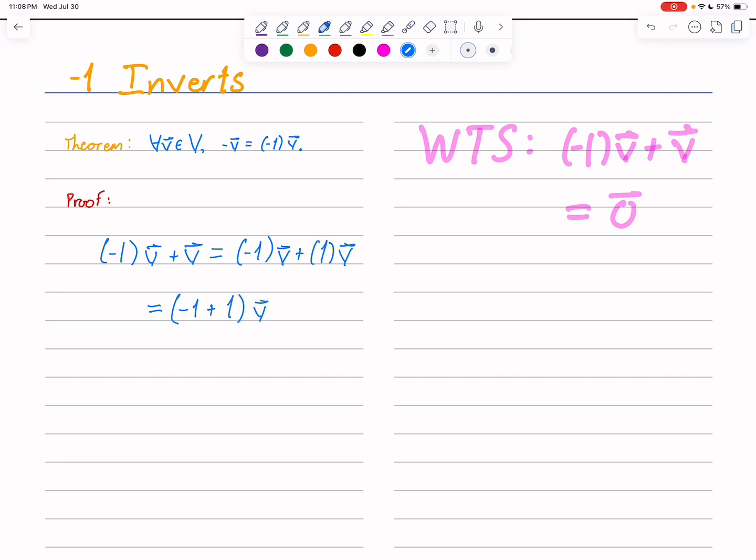This is using distribution in reverse, by the way, so although I'm calling it factorization, when you use distribution in this direction, that's just the same thing as factoring. But in any case, now here we can use knowledge of the field, right? We've got -1 plus 1, and we know that in any field that's always equal to 0. And we just proved a moment ago that this is the same thing as the 0 vector. And that concludes the proof, basically.